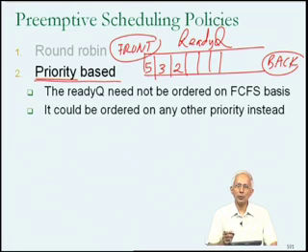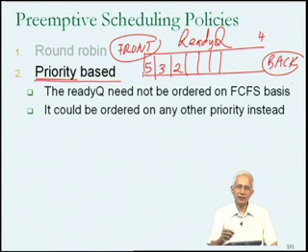Now, let's suppose that at this point in time, a new process comes into existence. You'll notice that I have ordered the ready queue in terms of priority. The process with highest priority is at the front of the queue, the process with second highest priority is next, and so on. Suppose that at this point in time, a process with priority 4 comes into existence due to a fork or something.